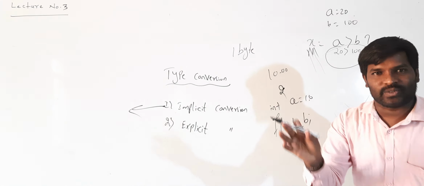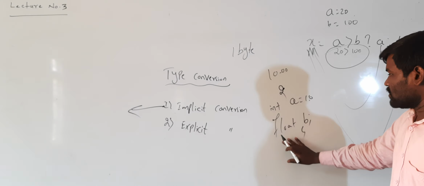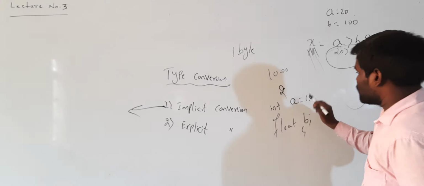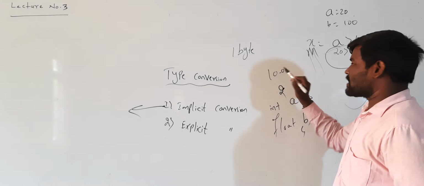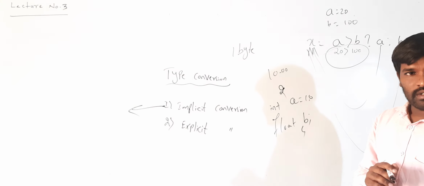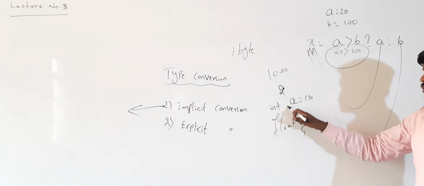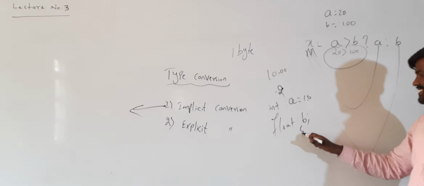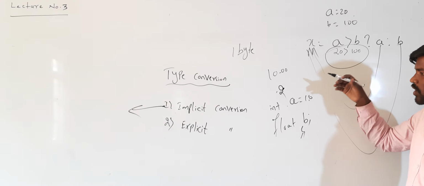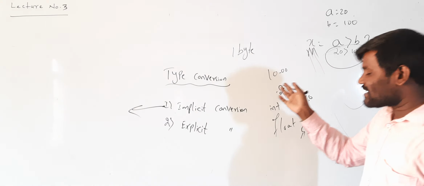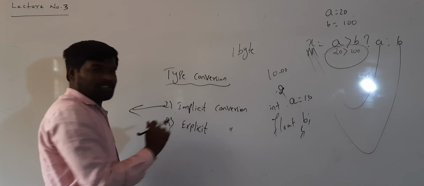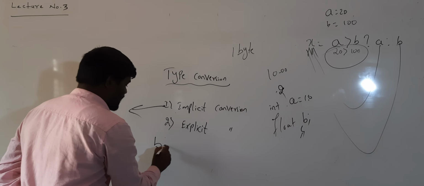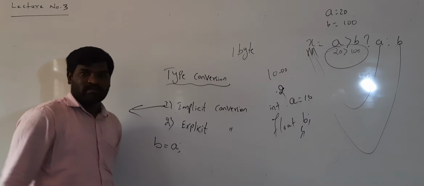See here, the implicit conversion. Now we are converting integer to decimal value. Here the integer value is 10. It can be stored as a decimal value, 10.00. So here the source size is 2, destination size is 4. If I want to convert from one data type to another implicitly, directly I can write b is equal to a.